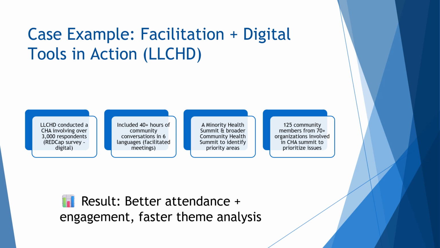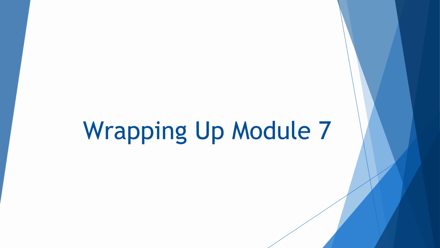And overall, the Community Health Summit, where everybody comes together and prioritizes and gets started on the CHIP, had over 125 members from 70 plus organizations. So they took the facilitation, the digital, and created a mixed methods approach that led to good attendance, good engagement, and good thematic analysis that allowed us to identify priorities.